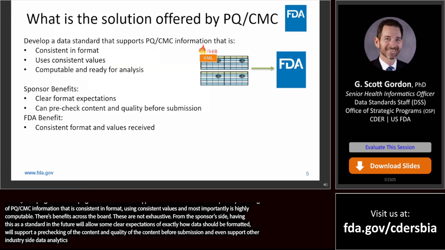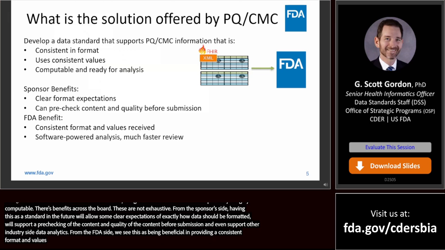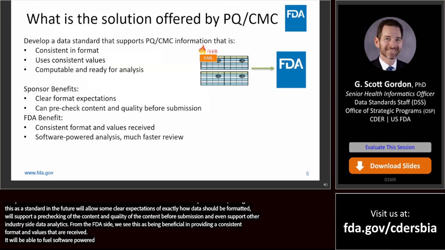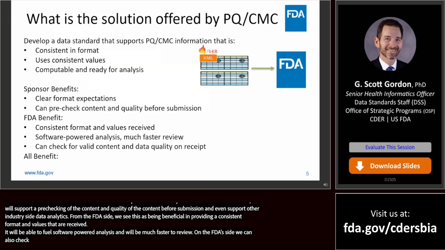From the FDA side, we see this as being beneficial in providing a consistent format and values that are received. It will be able to fuel software-powered analysis and will be much faster to review. And on the FDA side, we can also check for valid content and data quality upon receipt.